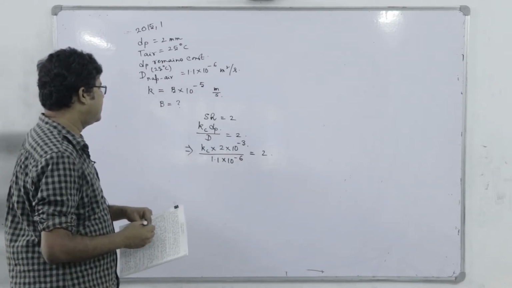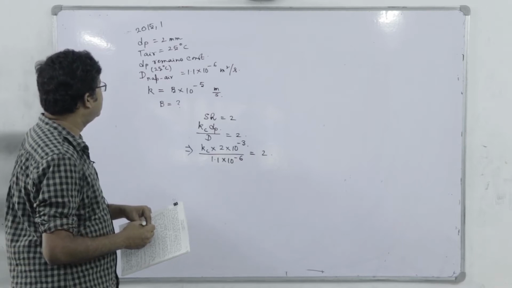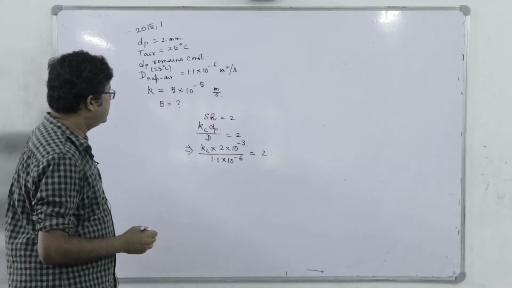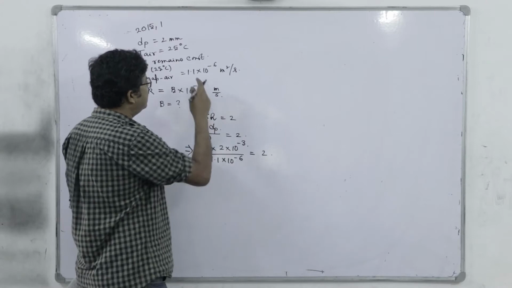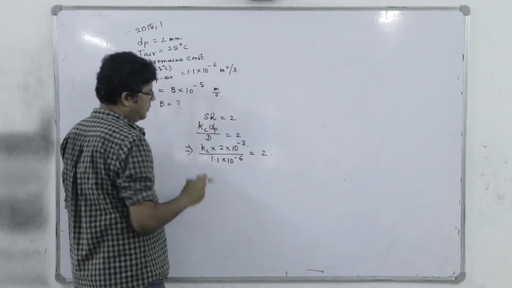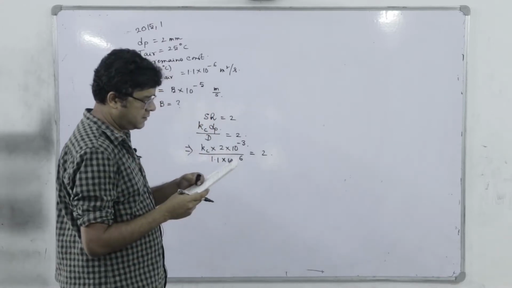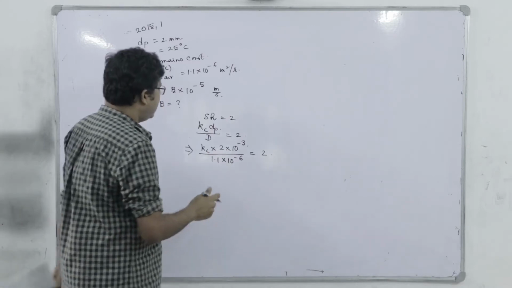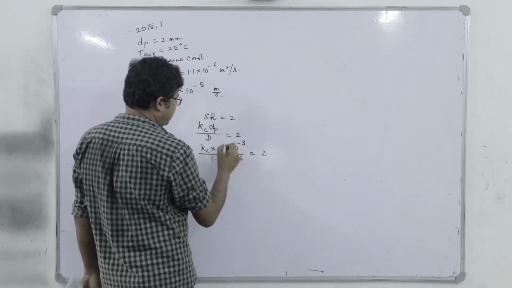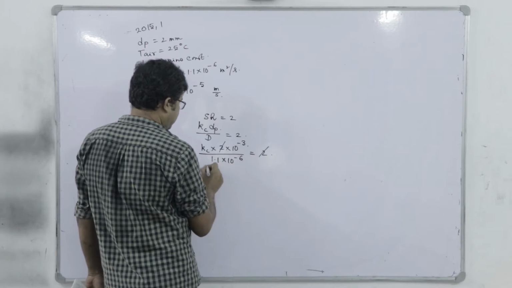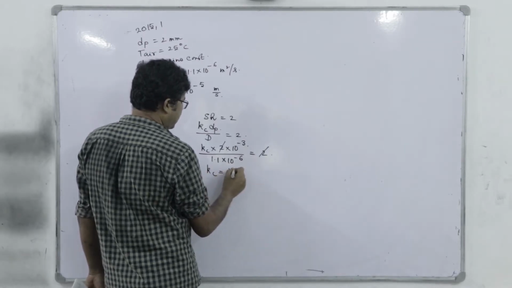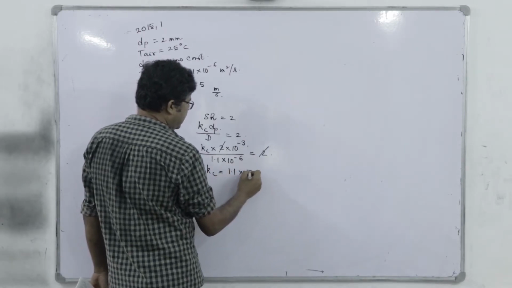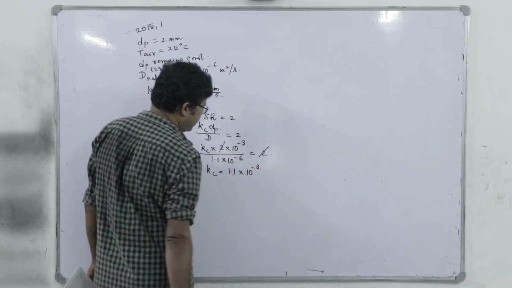So, this 2 cancels out, and Kc is equal to 1.1 into 10 to the power minus 3.